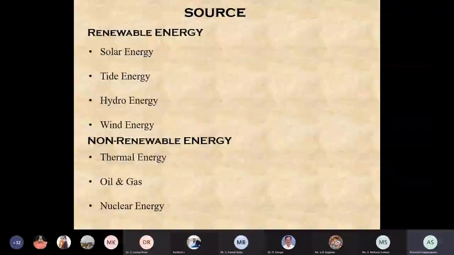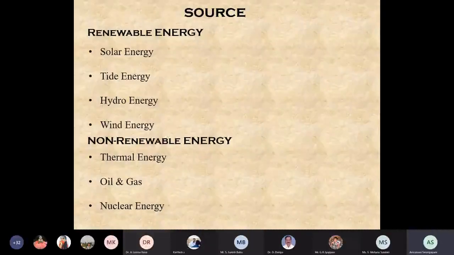First of all, we should know what the sources to produce electricity are. There are two main sources, renewable energy and non-renewable energy. You may have seen this heading in your engineering classes. Renewable energy includes solar, tidal, hydro and wind.